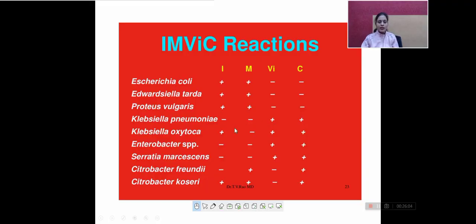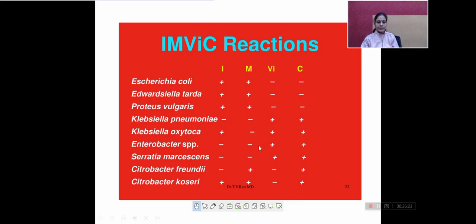Serratia marcescens is also like Klebsiella pneumoniae. The indole test and methyl red test are negative, whereas the VP and citrate tests are positive.